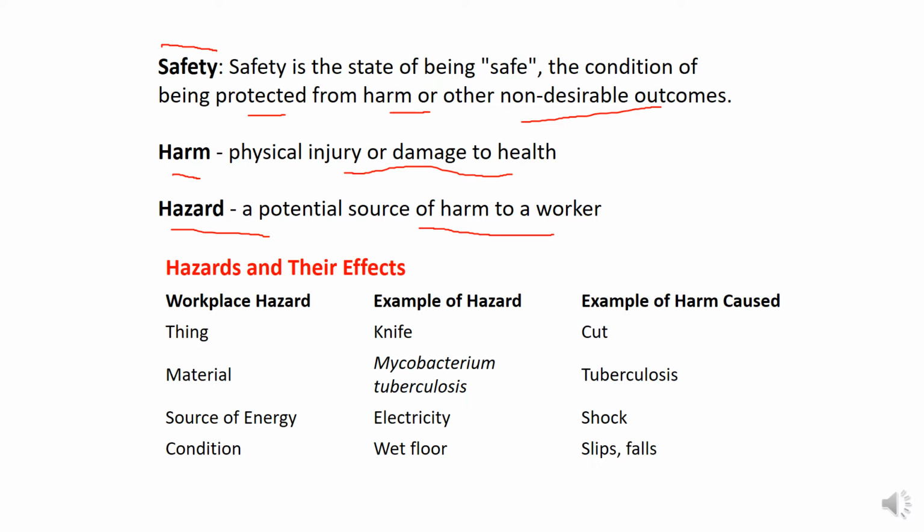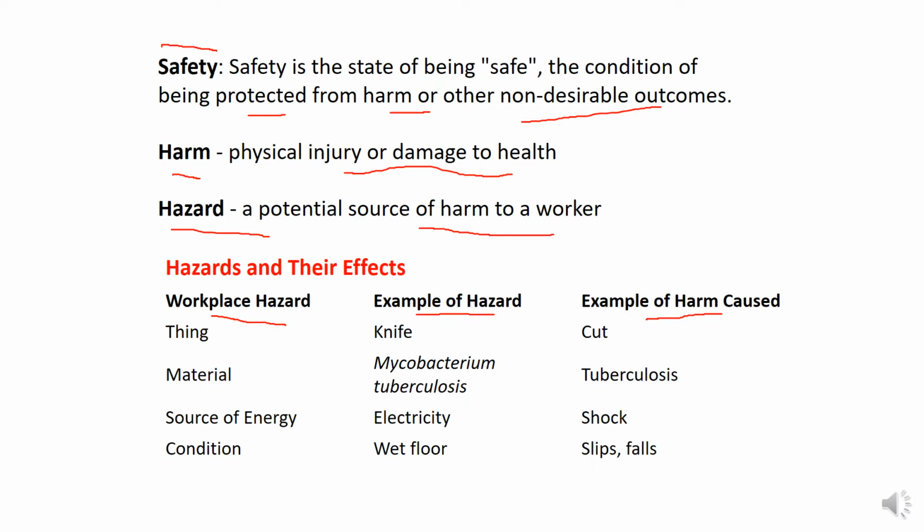To better understand the hazard, here are a couple of examples you can see. The first is the workplace hazard, with examples of hazards, and on the right side you can see the examples of harm caused by those particular hazards.